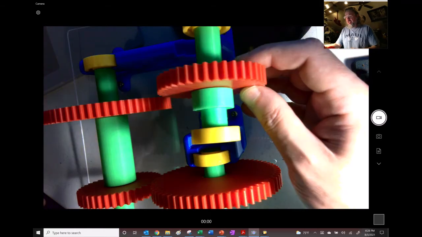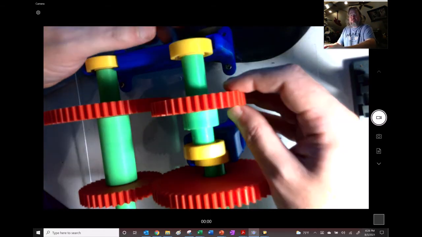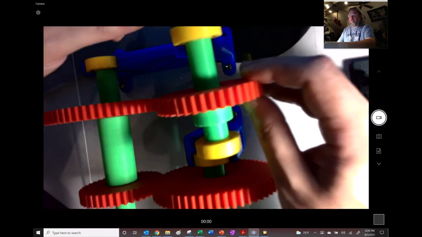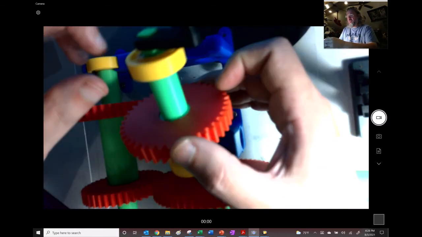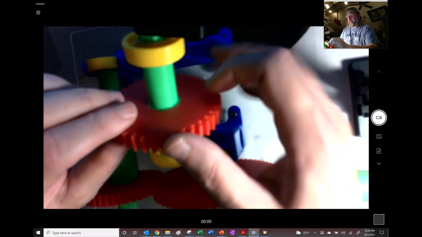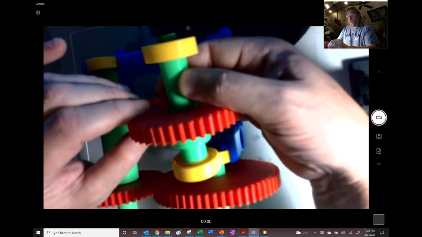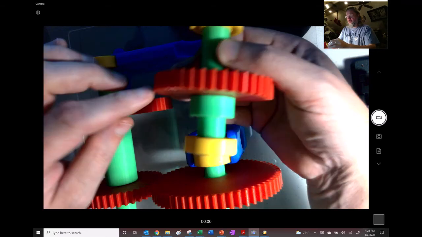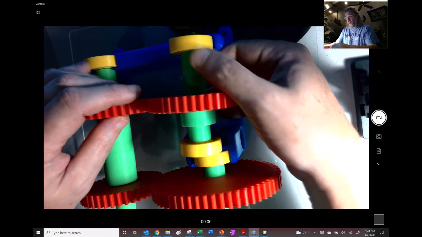The idea is that maybe there's a motor connected over here instead of a handle, and that motor is driving this. So in between this handle and this gear, there is torque, and that torque is being converted into a force right here at that gear tooth.